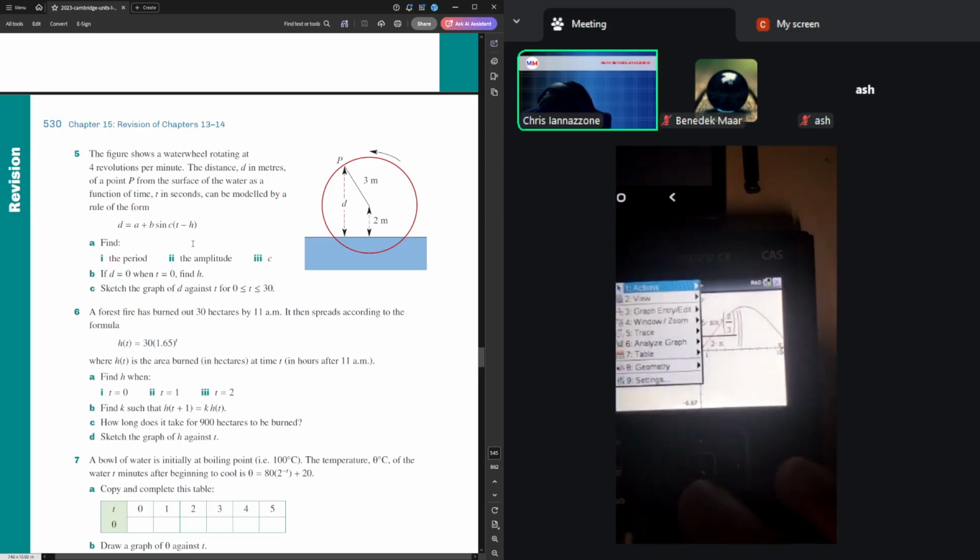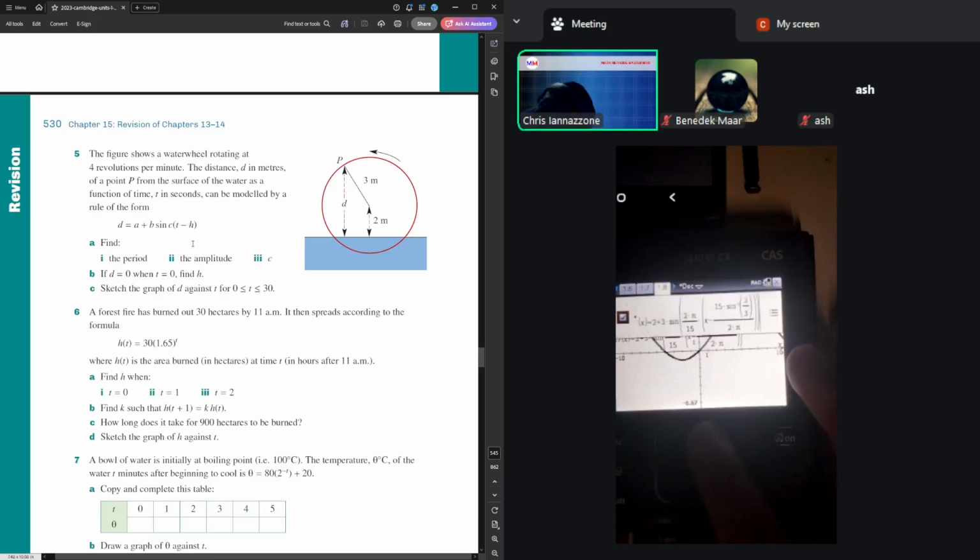That's better. Set it 0 to 30. 0 less than or equal to x less than or equal to 30, not 33.